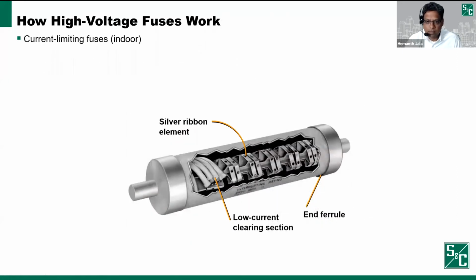What I have up on the screen is a current limiting fuse. This is manufactured by a different manufacturer. Current limiting fuses work in a different way. The way it works is you still have an element that carries current, and when there's a fault current situation, the element, you notice there are small holes on the element. This is the silver ribbon element.